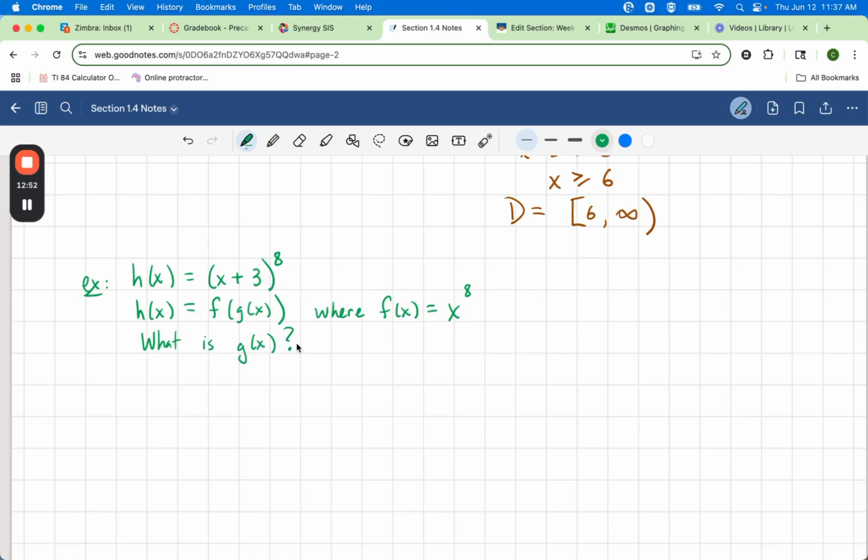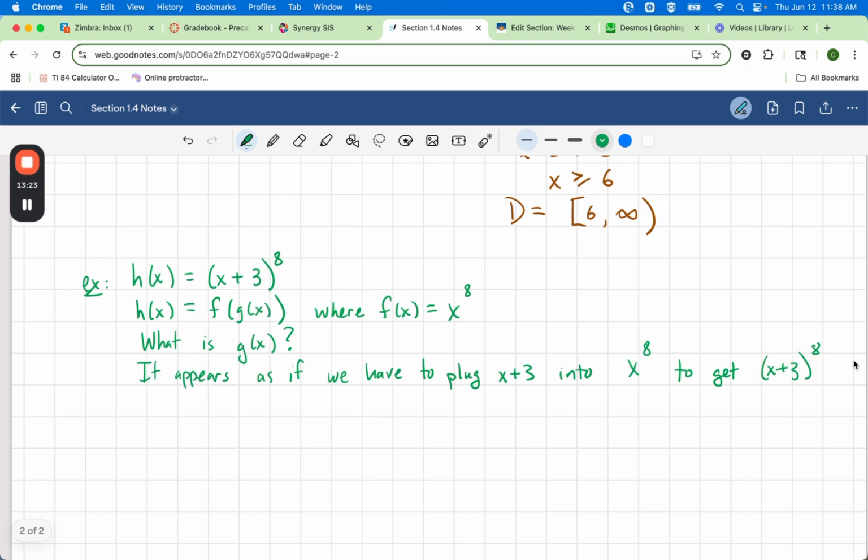Okay? So it looks like I'm plugging in x plus 3 for this x, right? So it appears as if we have to plug in x plus 3 into x to the 8th to get x plus 3 to the 8th.